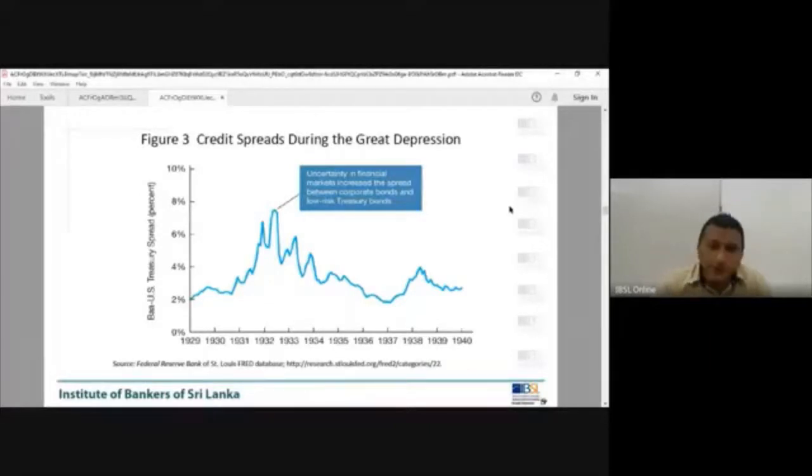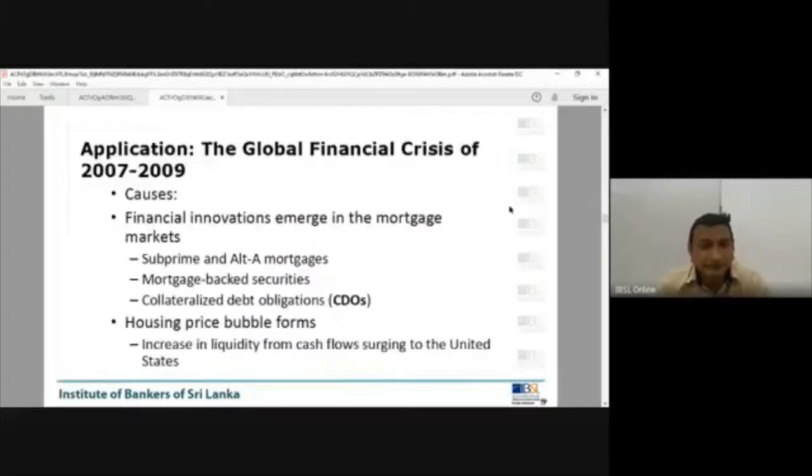So you see these possibilities. This is the spreading during the Great Depression period: we have already seen the stock prices crashed, and now the credit spreads are widening to very high levels compared to normal market circumstances.